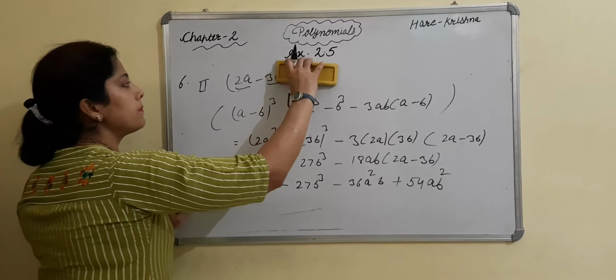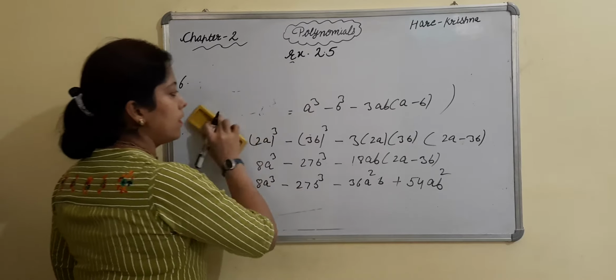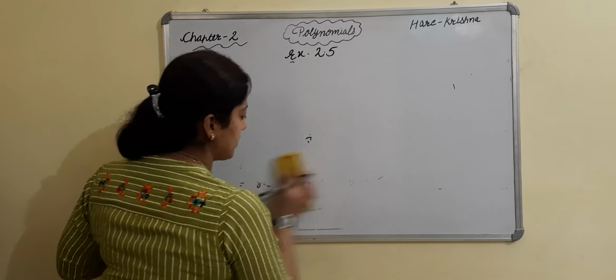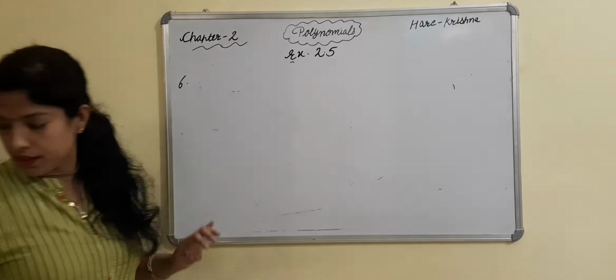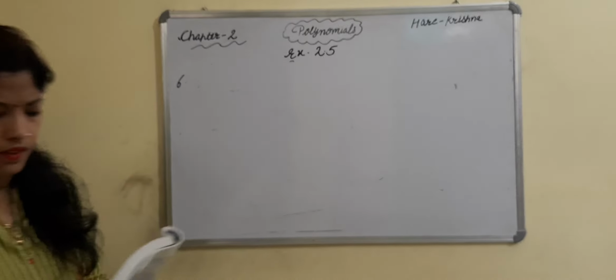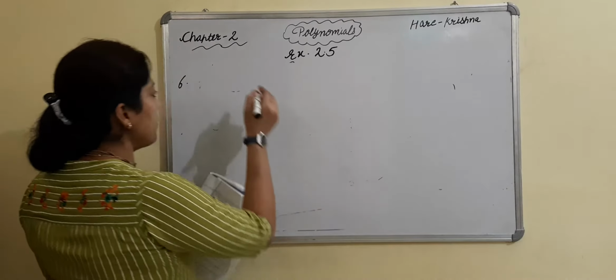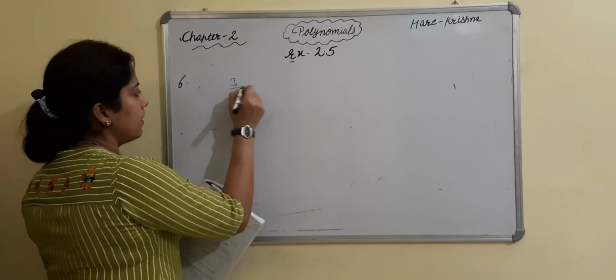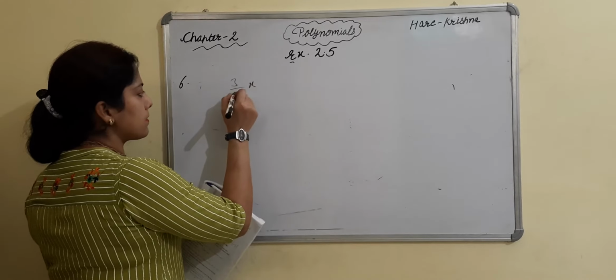Now our next sum. In the next sum, the statement is (3 by 2x plus 1) cube. Here in this, a is of rational, a by b form, (3 by 2x + 1) cube.